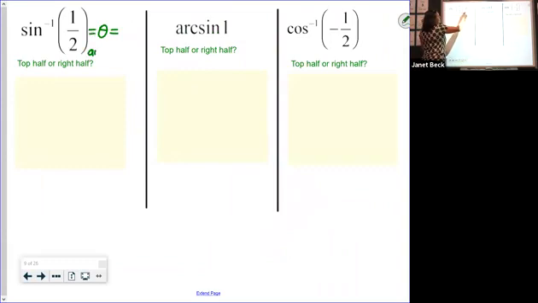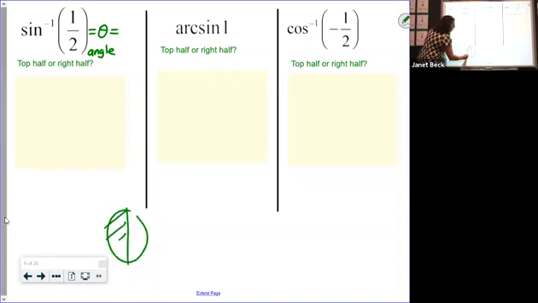Reminding yourself my answer I'm going to be giving is an angle. Then you ask yourself, will it be in the top half or the right half? You have to remember for each one of them, which half of the circle. Some of them you're restricted to just answers in the right half. Some of them you're restricted to answers in the top half.